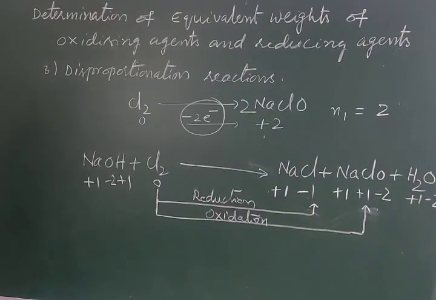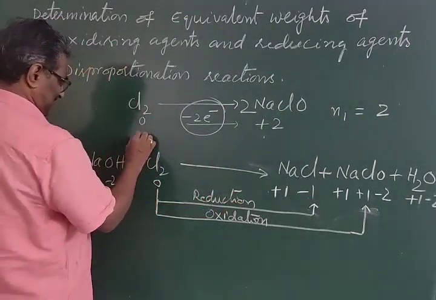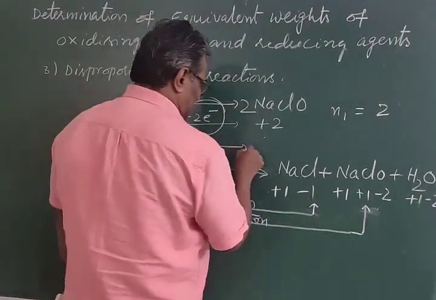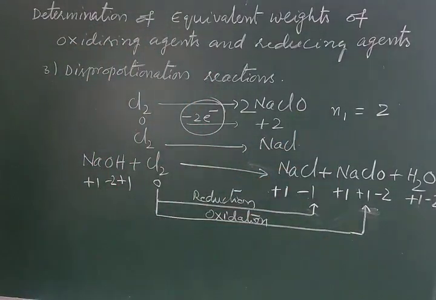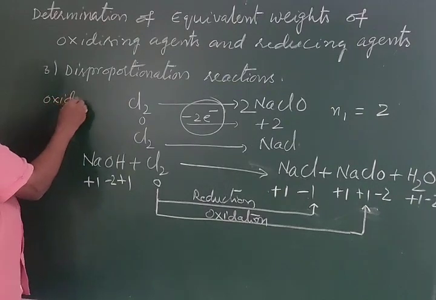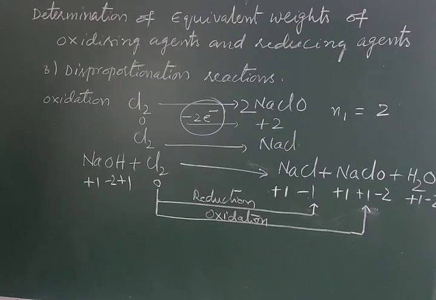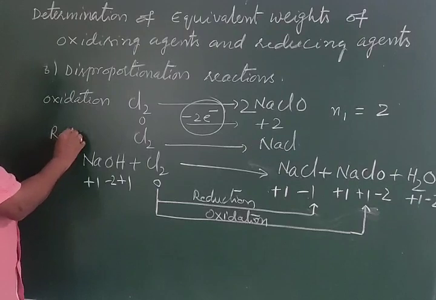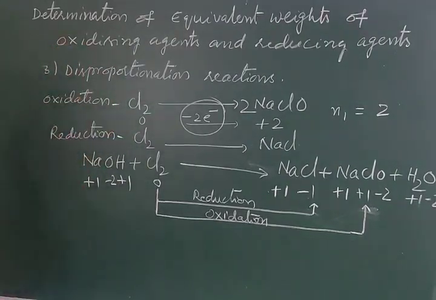Now let us take the element undergoing the reduction reaction. In the reduction reaction, chlorine is changing to NaCl. In the first case we considered that the substance is undergoing only oxidation; in the second one, we consider that the substance is undergoing only reduction.